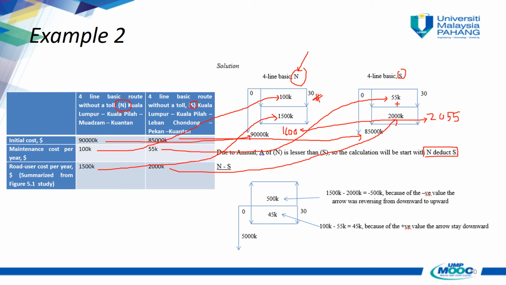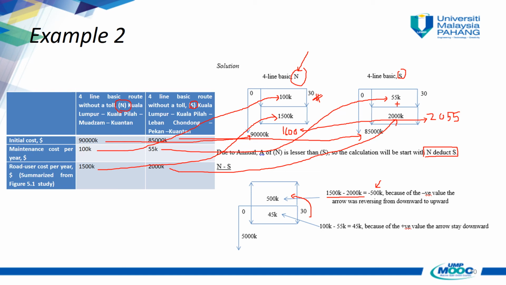So we will have 1,500 deduct 2,000, we will get minus 500 K, and because of the negative value, the arrow is reversed from downward to upward.